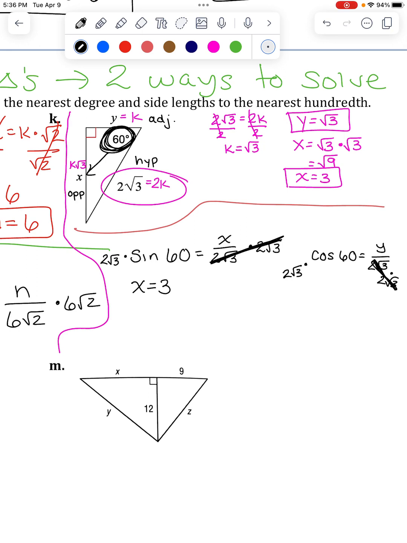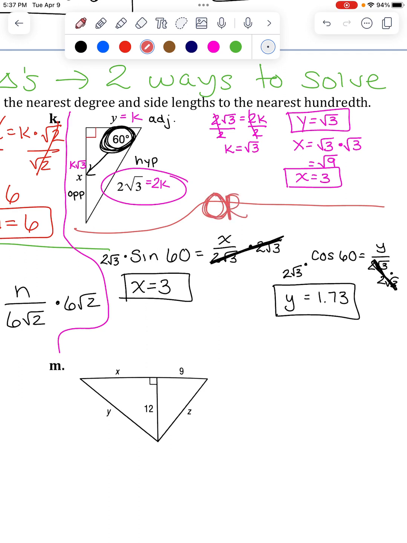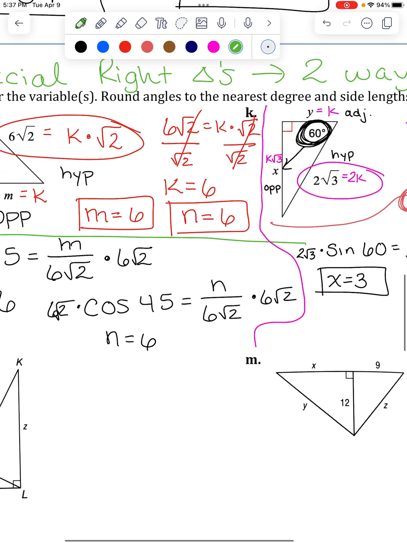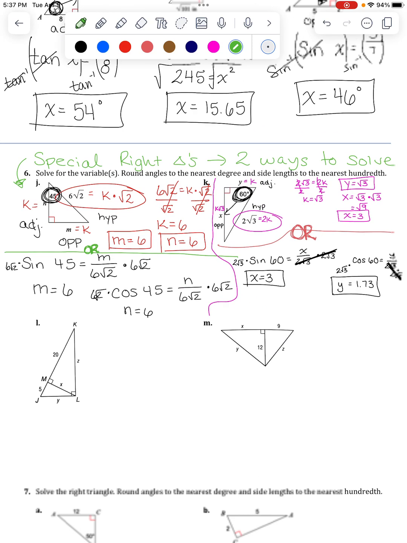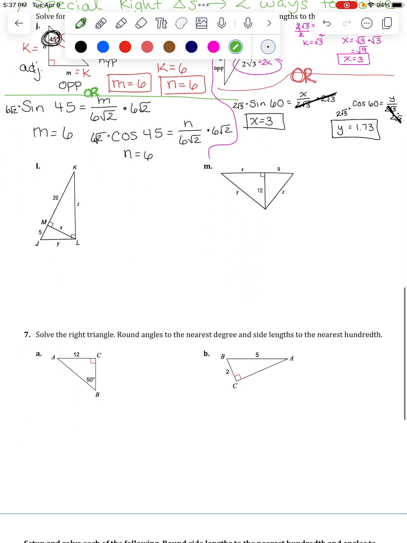Those would have canceled out, and 2 square roots of 3 times cosine of 60 degrees would have been y, which I would have gotten 1.73, which is equivalent to the square root of 3. So I don't care if you did it the top way or the bottom way. You don't have to do both. Same on this one. I don't care if you did it the top way or the bottom way. You do not need to do both.